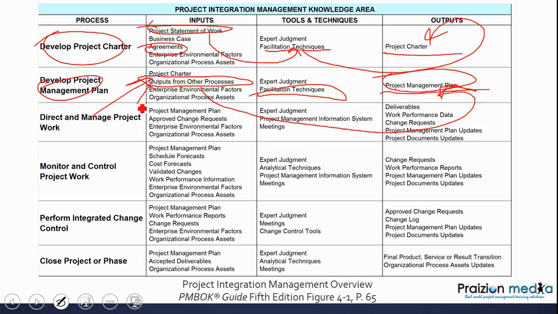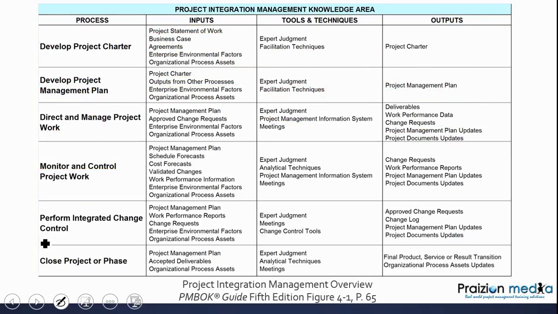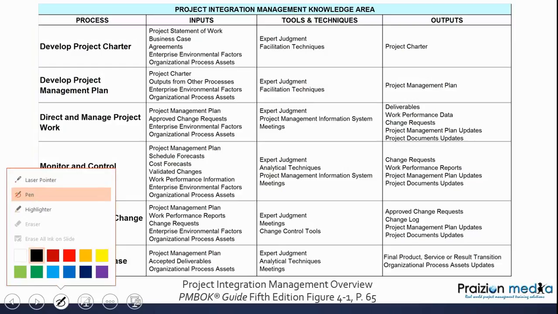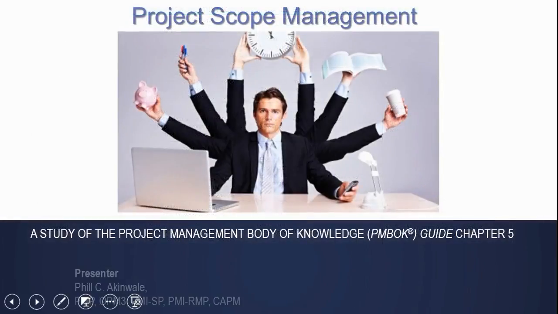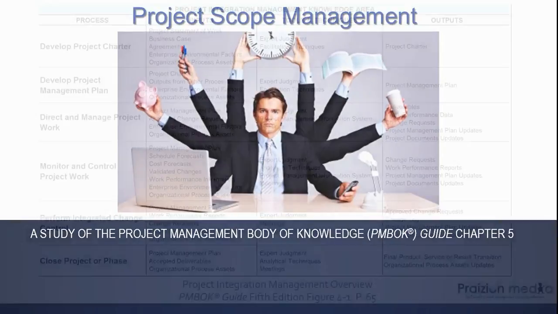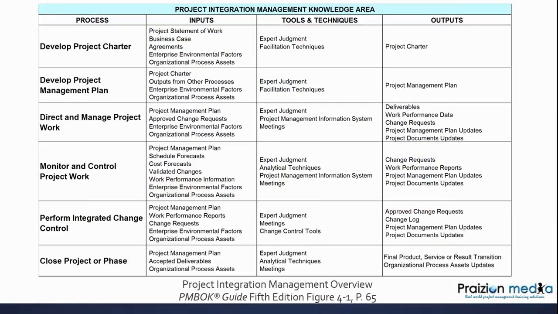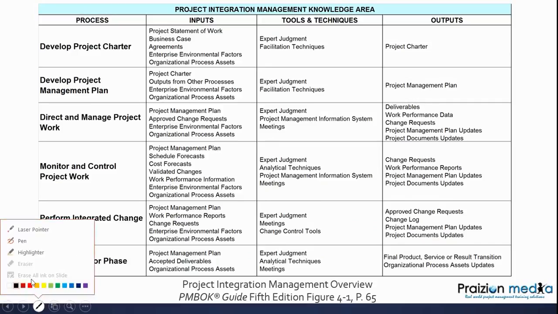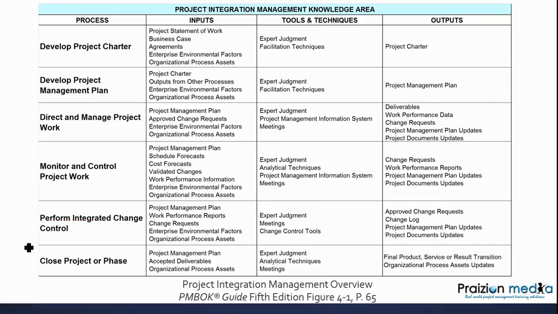Okay? The next process, direct and manage project work, is instrumental in coming out with your major deliverable. So when you see deliverables here, it really means that you are done creating a discrete item that has been described in the project management plan.